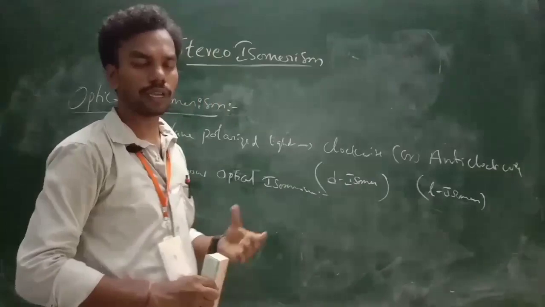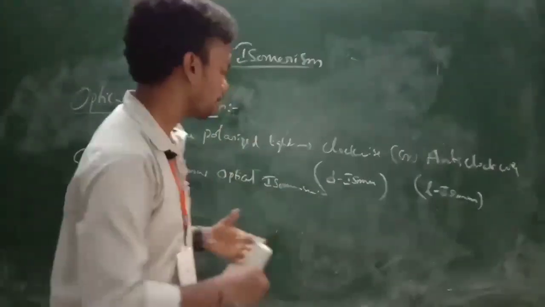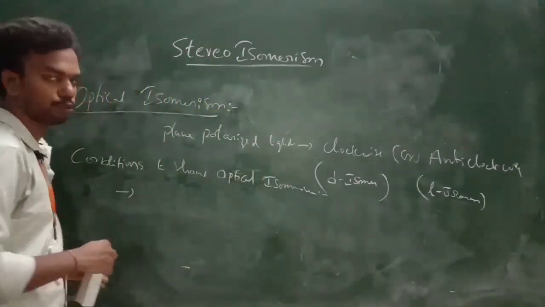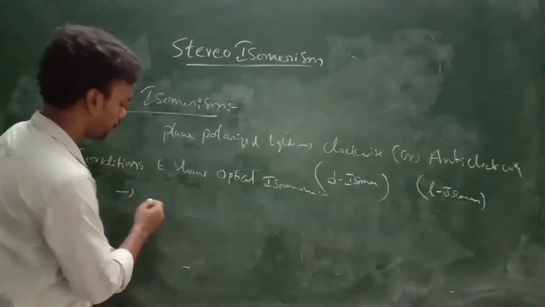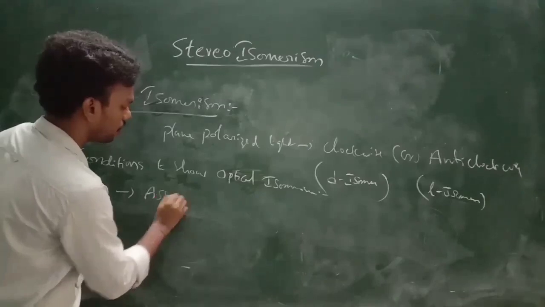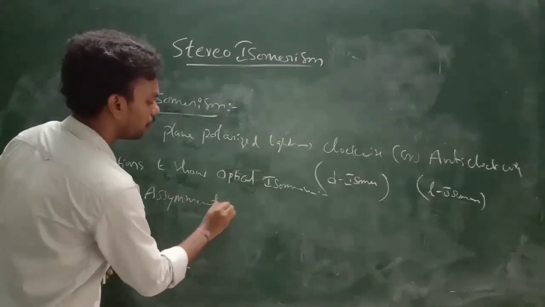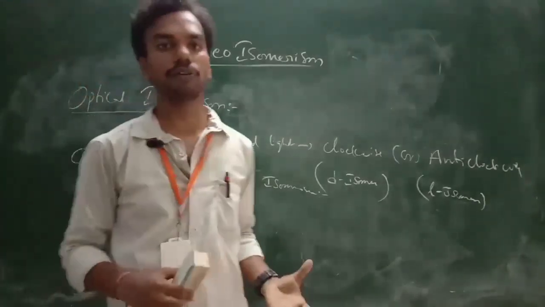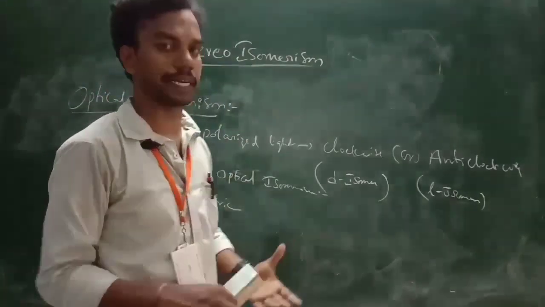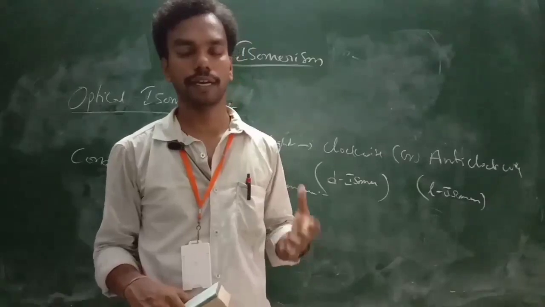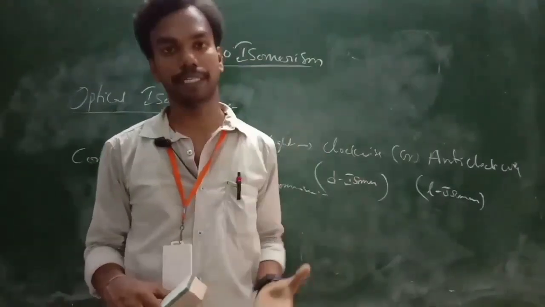There are two conditions. The first condition is that the compound, the complex, should be asymmetric or chiral. Asymmetric means it does not have any symmetry. The complex compound should not contain any type of symmetry, like a plane of symmetry.